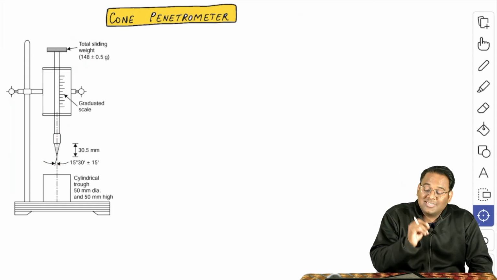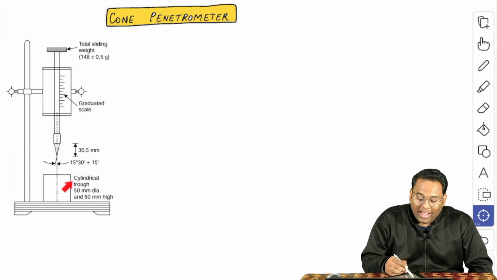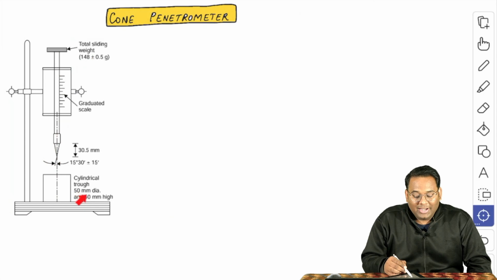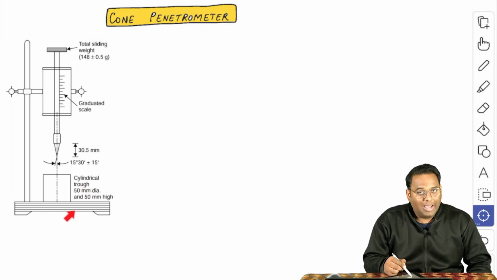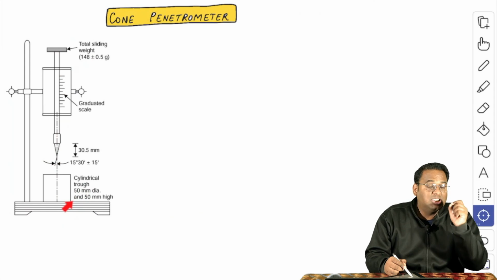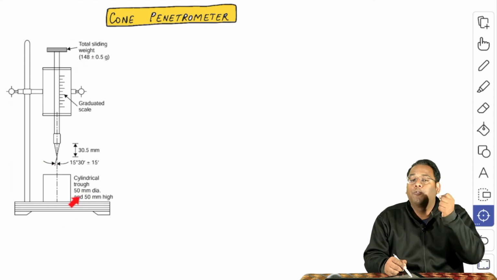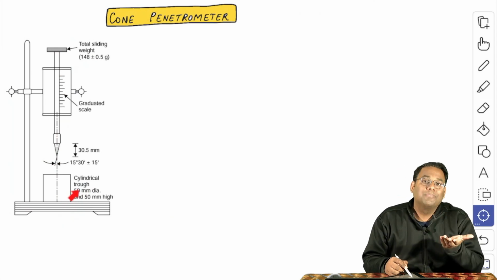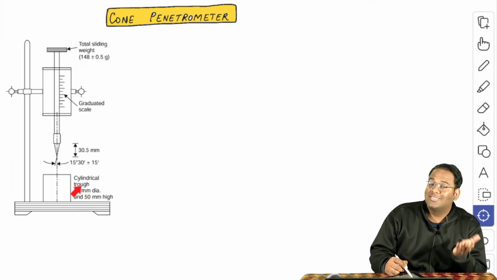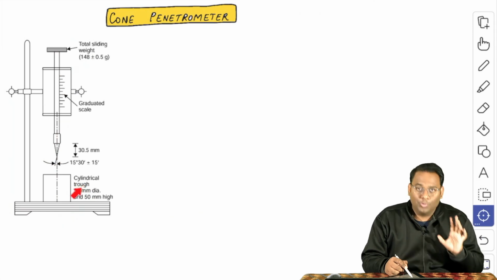That paste is now filled in a trough having a diameter of 50 mm and a depth of 50 mm. The cone which is present above is now dropped into the soil paste, and we observe how much penetration of this cone occurs in a particular time duration.